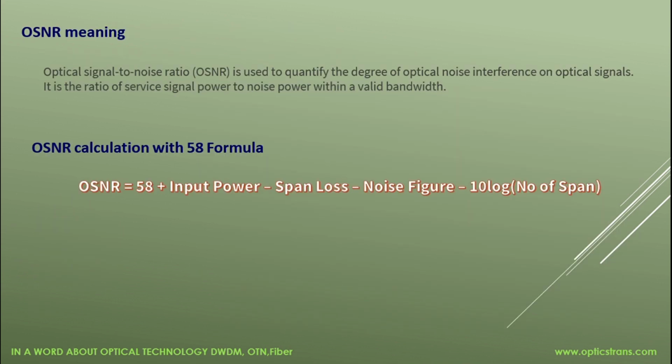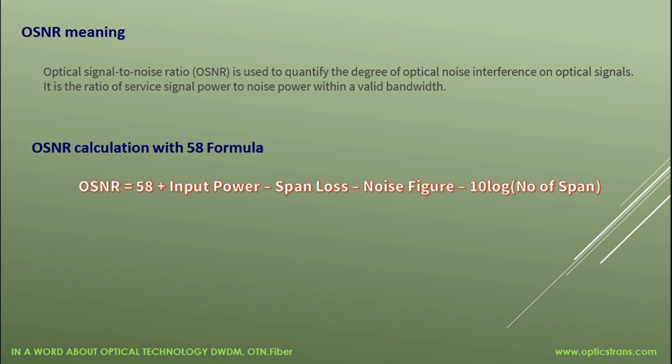Before going to the script, here is a quick definition of OSNR. OSNR is optical signal to noise ratio and is used to quantify the degree of optical noise on an optical signal. So we can say it's a ratio of signal power to noise power.